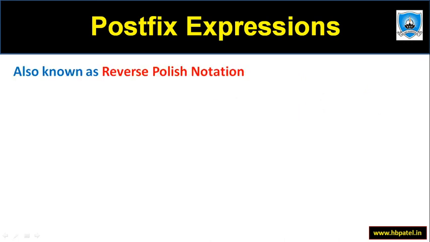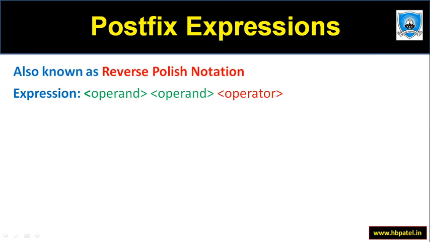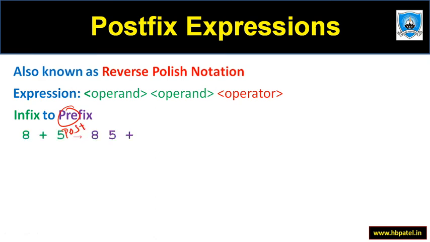Postfix is also called reverse Polish notation. In that case, the operands would come first and at the end we'll have the operator. So if we take an example of converting infix to postfix, 8 plus 5 would be converted to 8, 5 and plus, because these two are operands and the operator would come later.